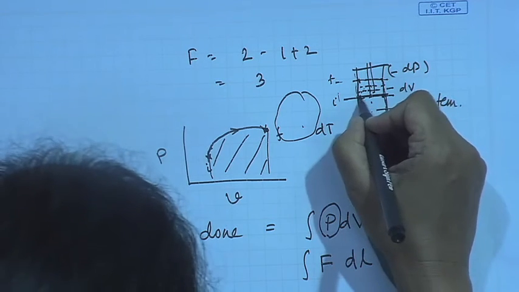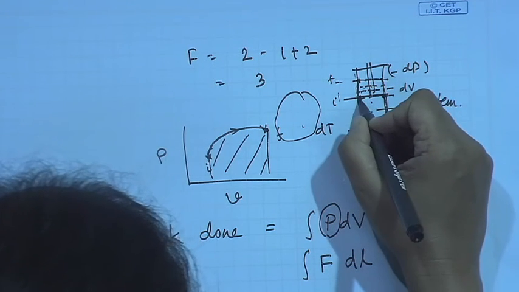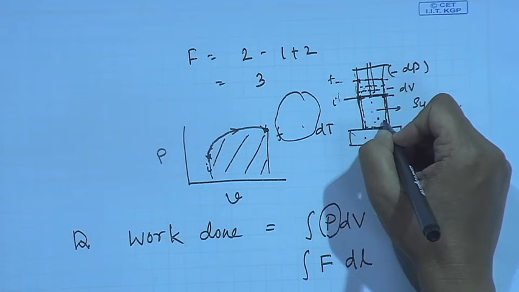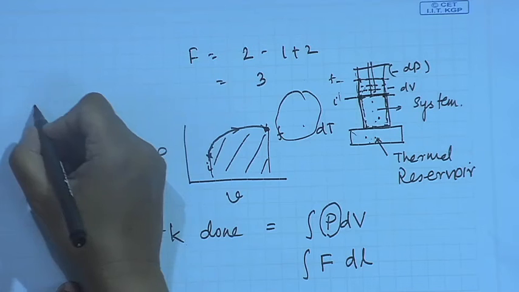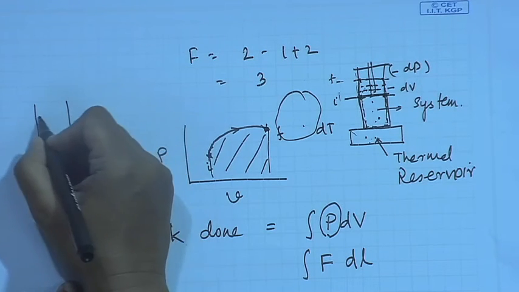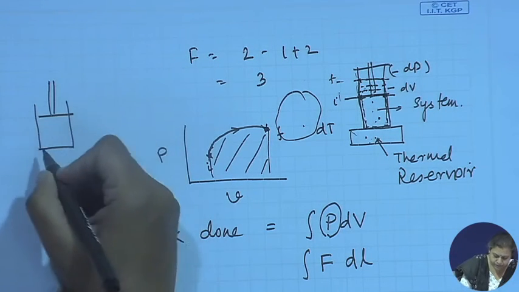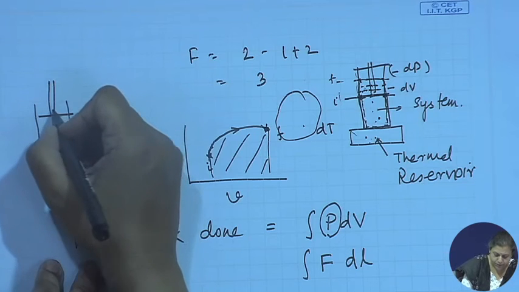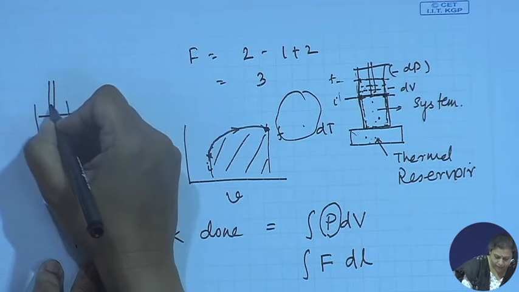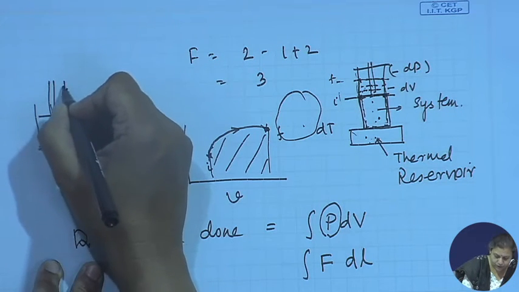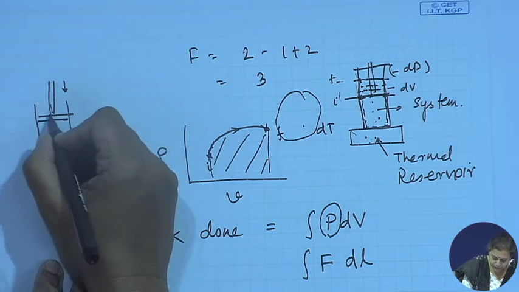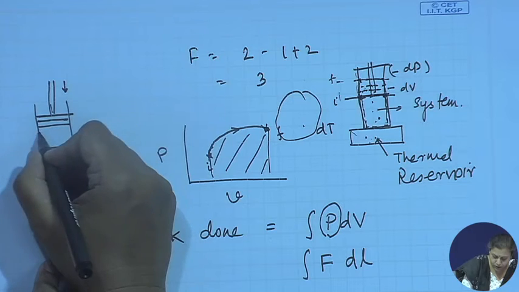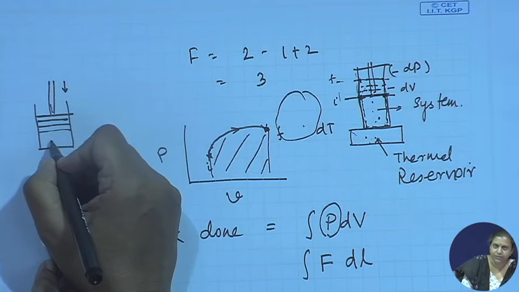But suppose I have my system as the gas contained in the piston cylinder arrangement. Maybe not this case; a better case is when work is done. What happens here? Suppose I gradually increase the pressure here. I find that the piston keeps on coming down and it compresses the gas.